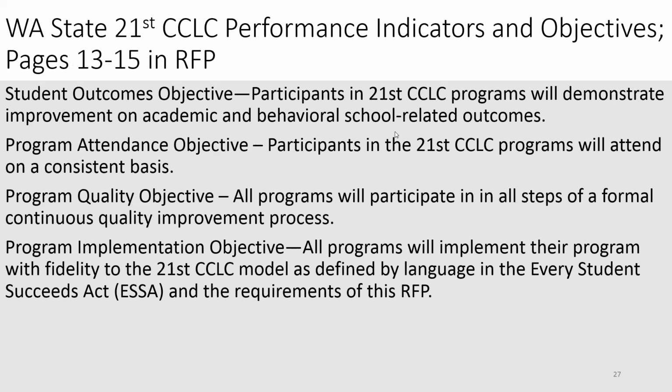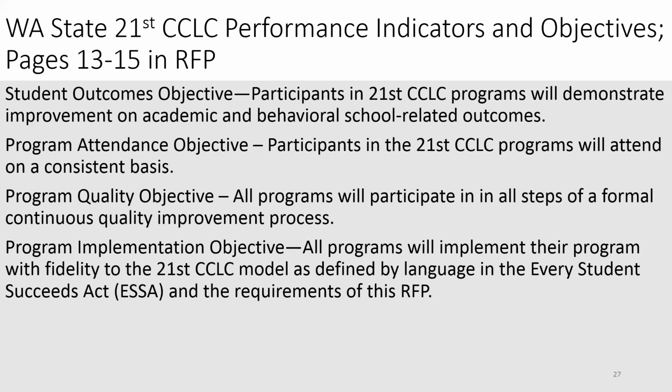Under the new ESSA rules, we've always been required to have performance targets or performance indicators developed by each state. And we have expanded ours beyond the GPRA indicators this year, and they include student outcomes and objectives, program attendance objectives, and program quality and implementation objectives.